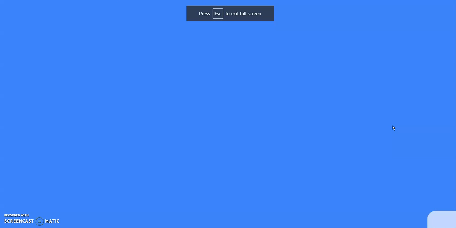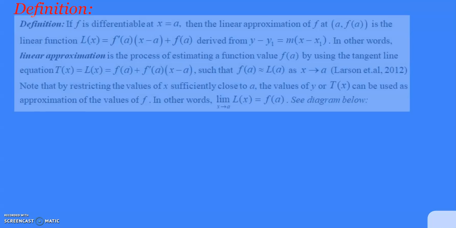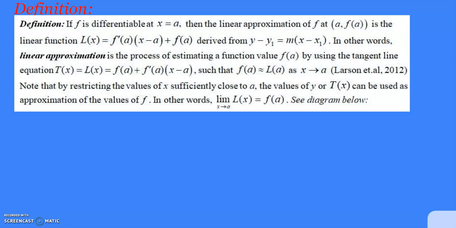So next, based on this activity, students will be able to define what linear approximation is. Here we have our definition: if a function f is differentiable at a point a, then the linear approximation of the function at a is the linear function L(x) = f'(a)(x - a) + f(a).